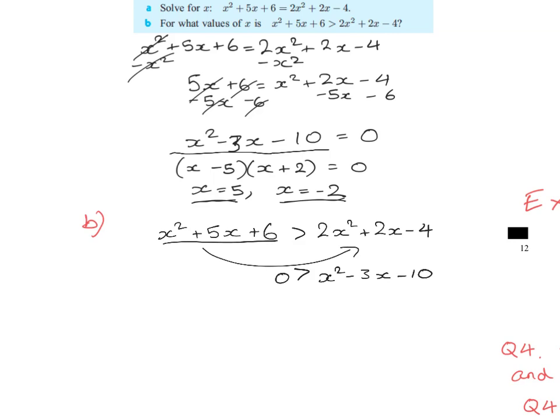So in other words, I want to know when x squared minus 3x minus 10 is less than 0. That's equivalent to our original inequality. So to do that, let's do a sign diagram.